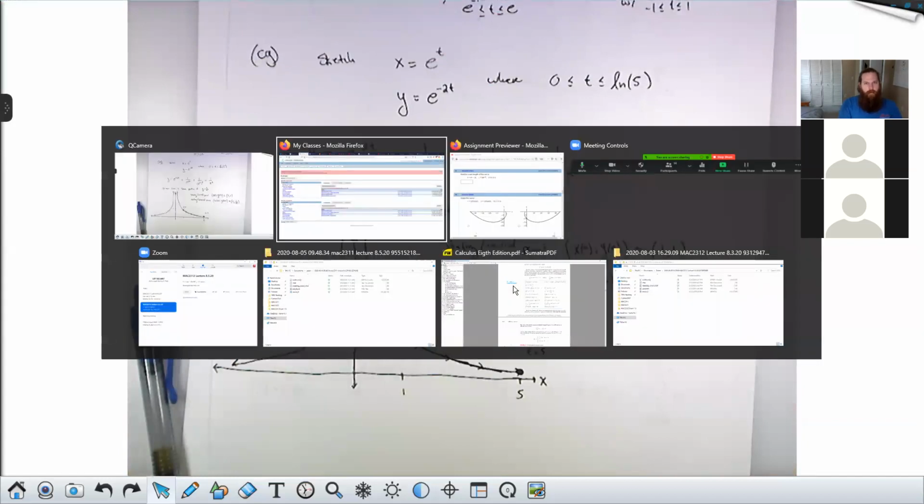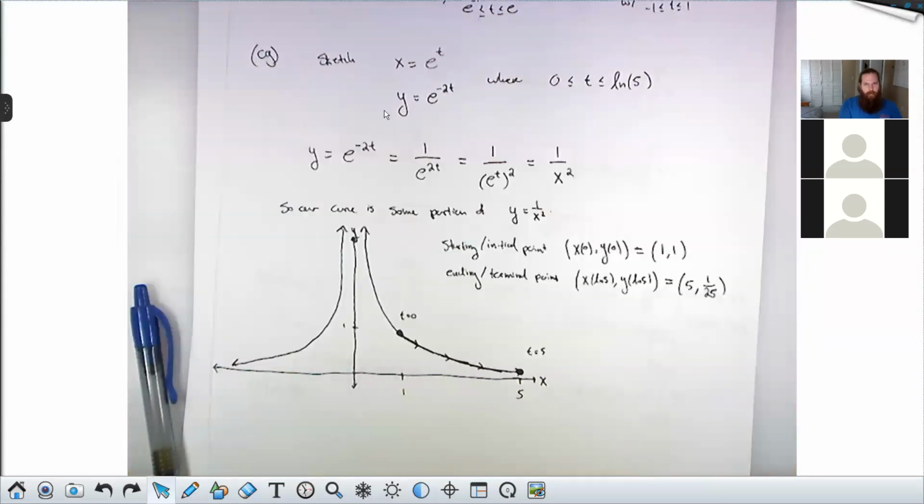And again, Desmos can verify. So if I take this x and this y and I write them as an ordered pair in Desmos, I expect to get just this part of this curve. I'll have a little ball walking from here to here.